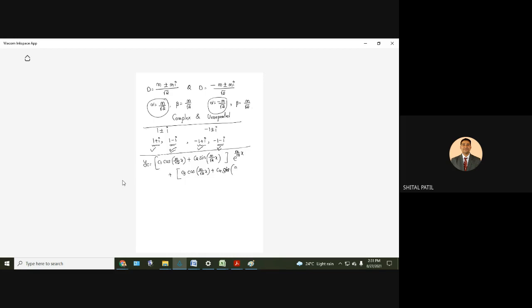Here I had to write sine m by root 2x e raised to minus m by root 2x. Hope it is correct. Next. Understood?